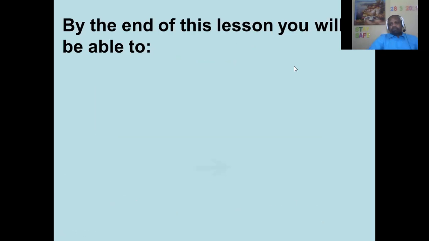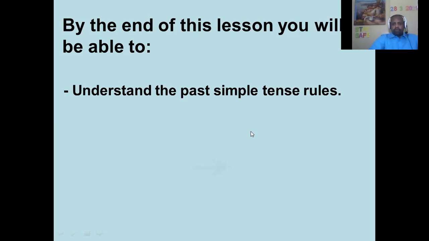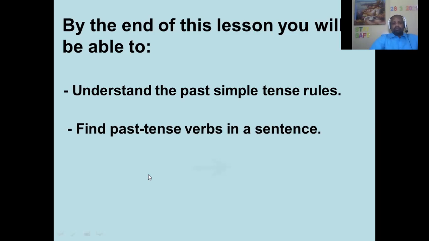By the end of this lesson, you will be able to understand the past simple tense rules, structures, and you'll be able to find past tense verbs in a sentence.